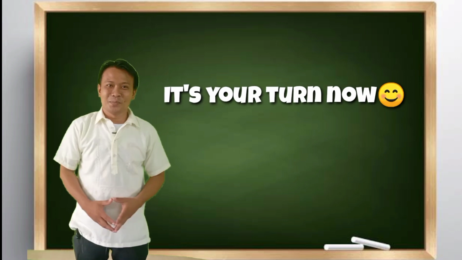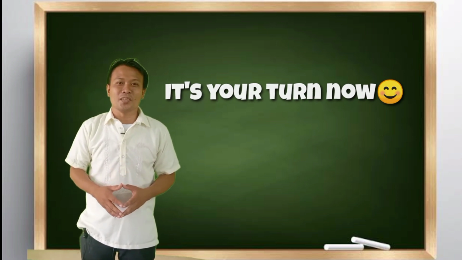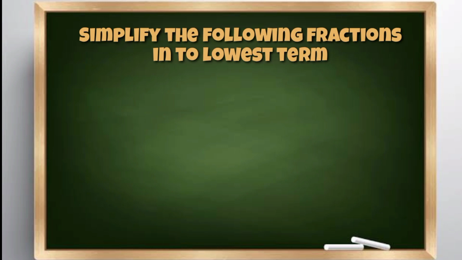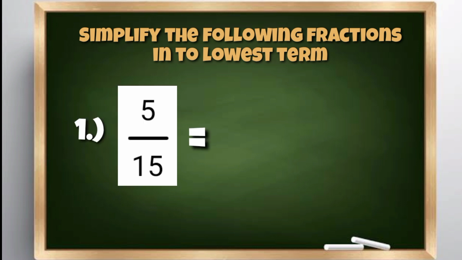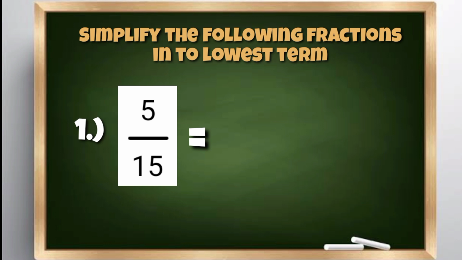It's your turn now. Let's see how many of you will get the correct answer. Simplify the following fractions into lowest term. I will give you 10 seconds to do it. Number 1. 5/15. Very good.